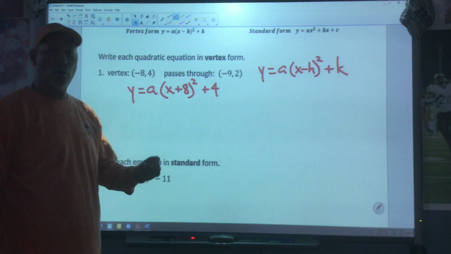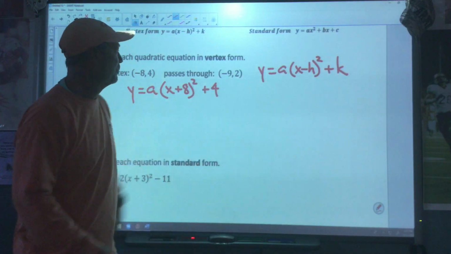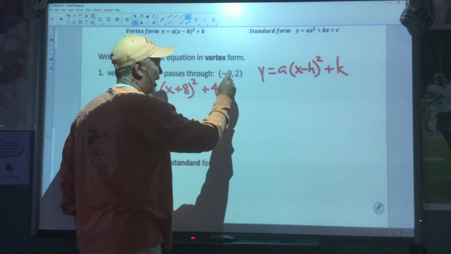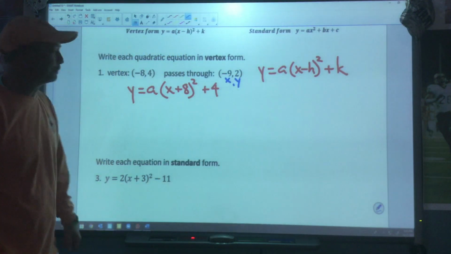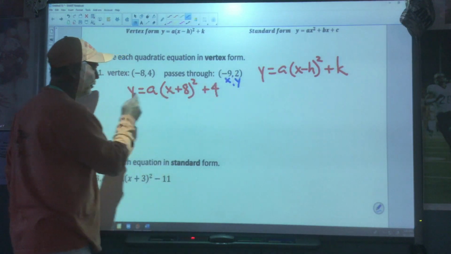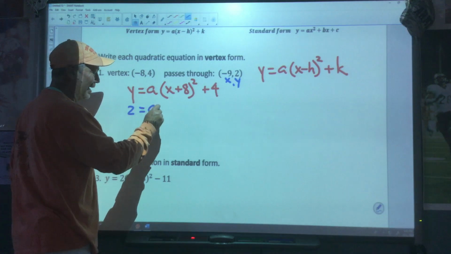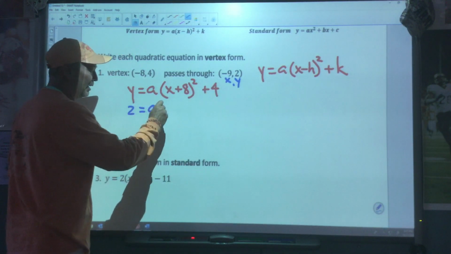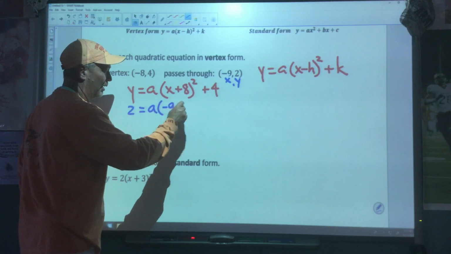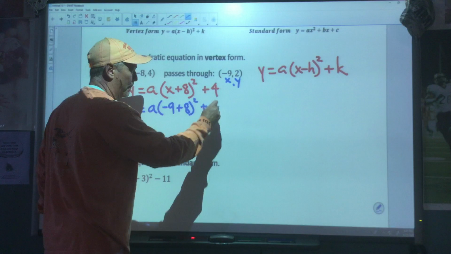Now we still don't know our a value, so we're going to substitute in the point that it's on the graph. This is an x, this is a y. My y value is 2, so we're going to say 2 equals a, parentheses, my x is negative 9, negative 9 plus 8, close it, square it, plus 4.